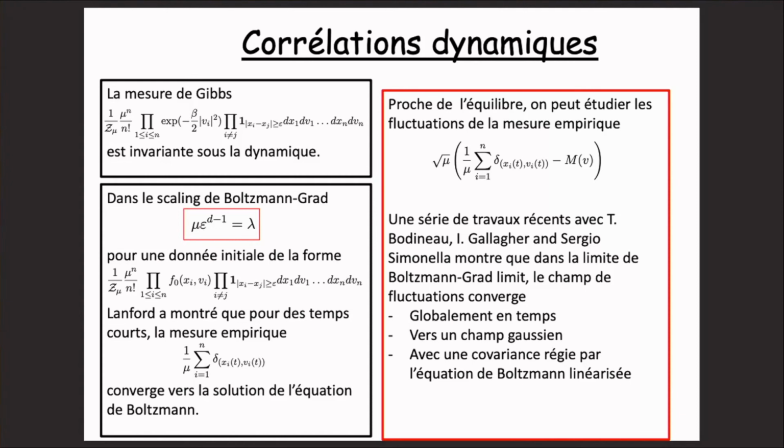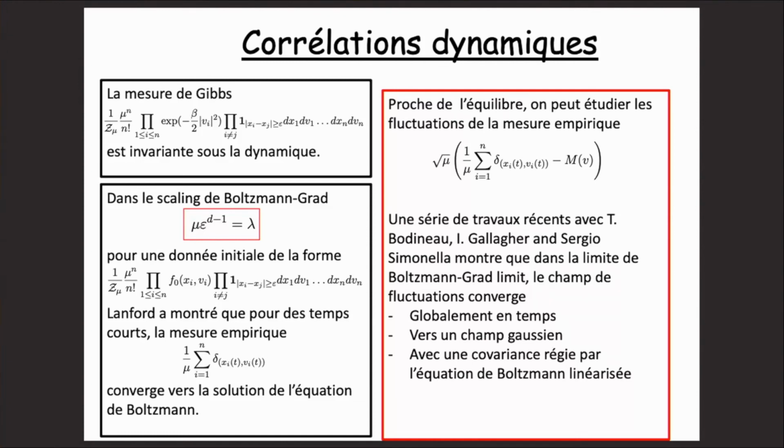Then you expect the correlation in the gas to behave a bit like the correlation in this system of balls. Now you see that the grand canonical measure here is a bit more complicated, because you don't have only the position, you have also the velocities.